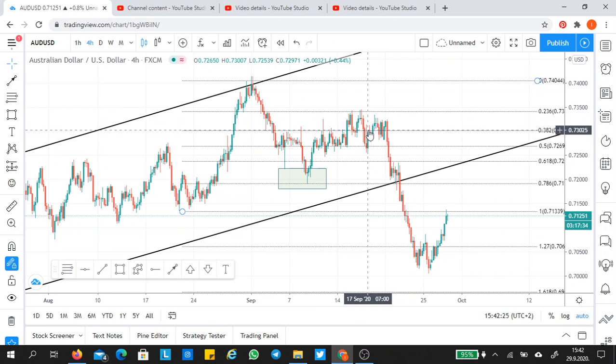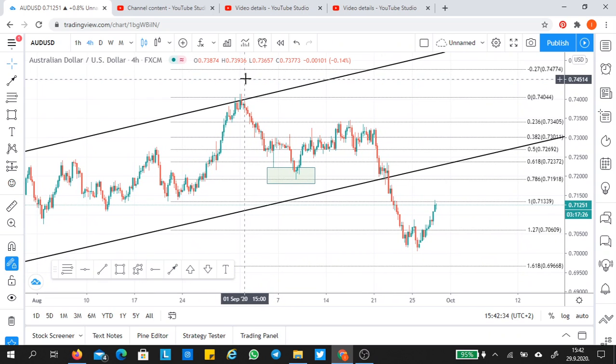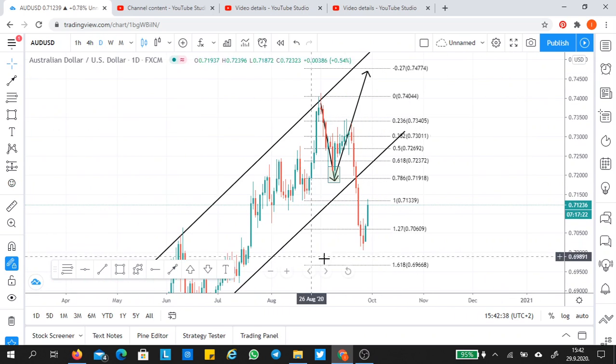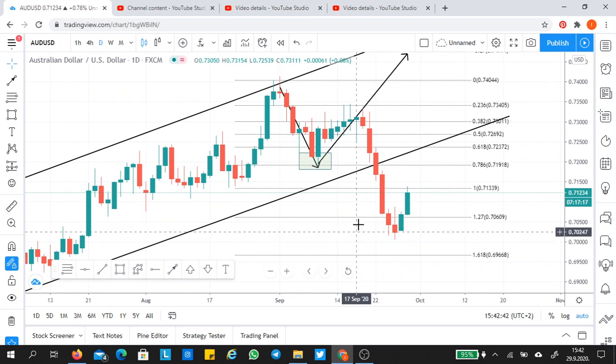So I took something off the table, but the majority was then stopped at break even. The market unfolded in a way that the next move was to the downside.